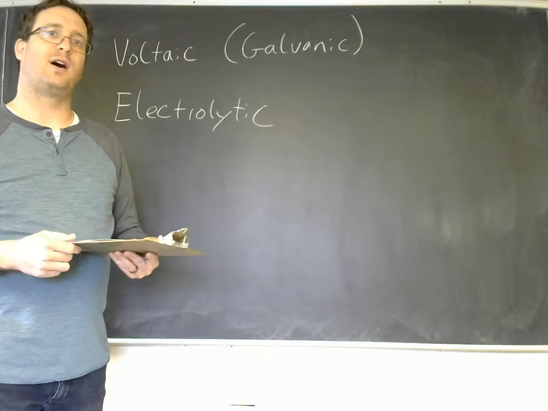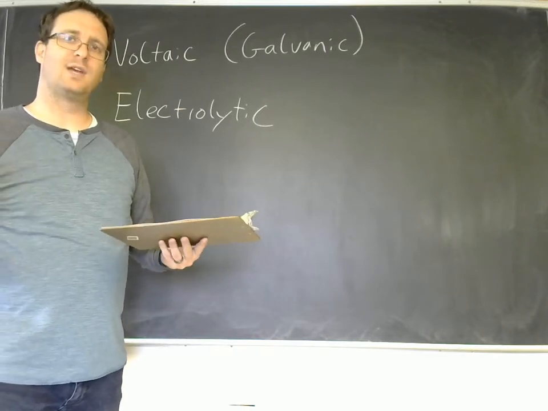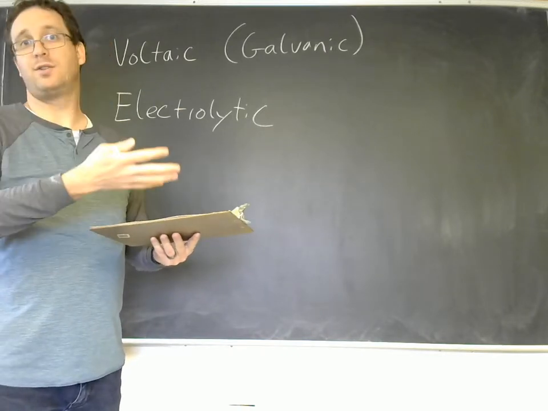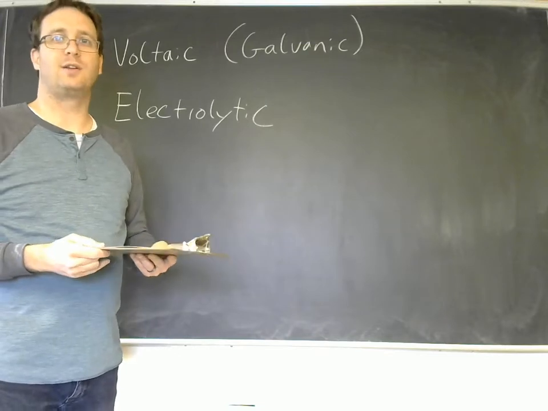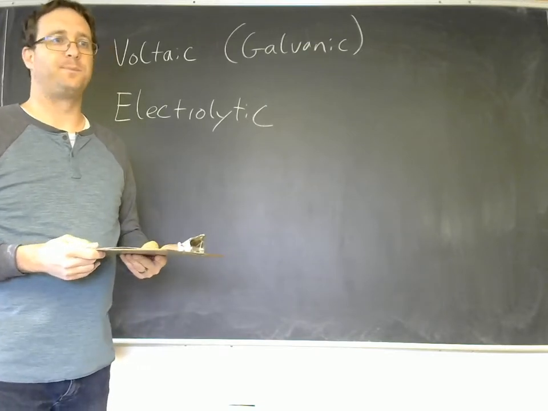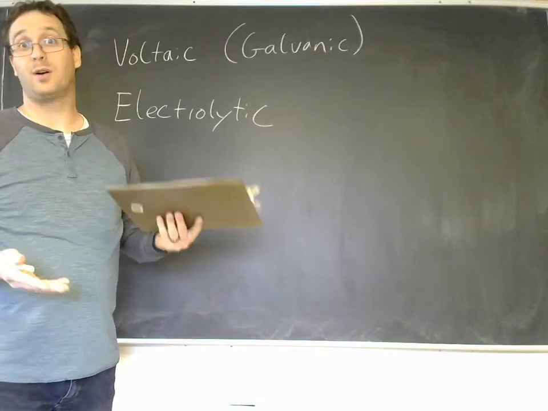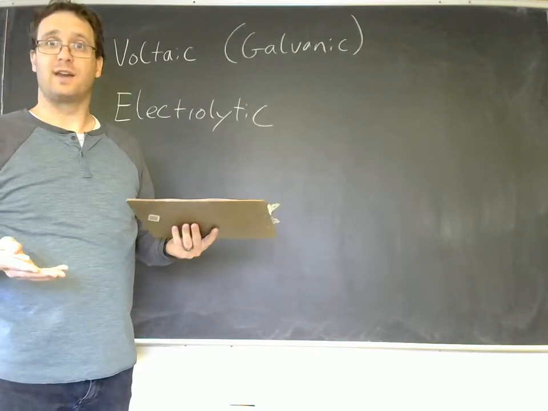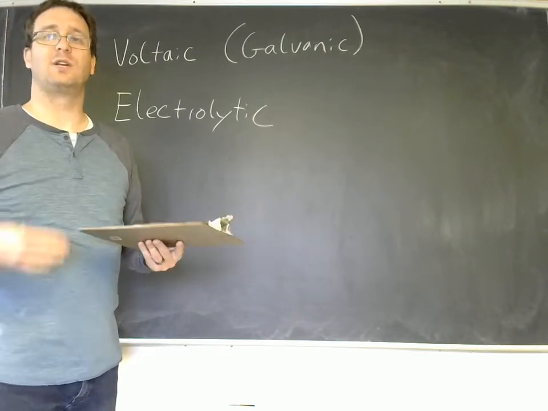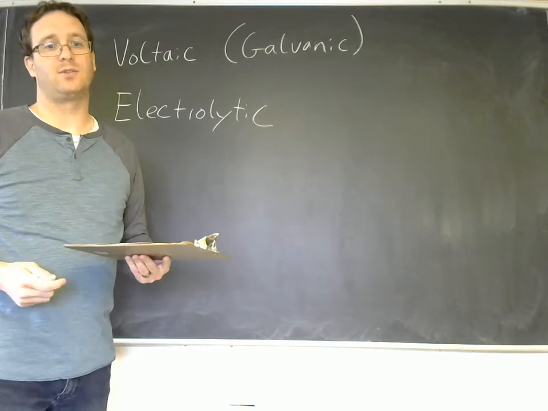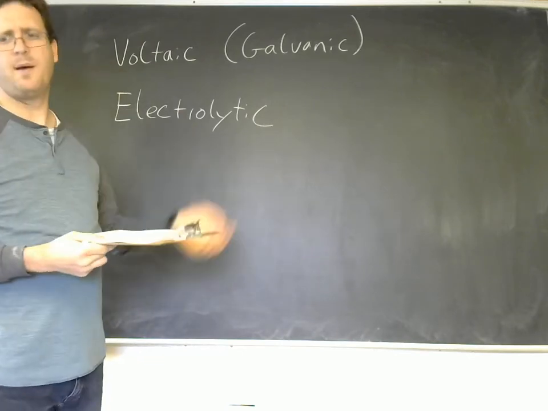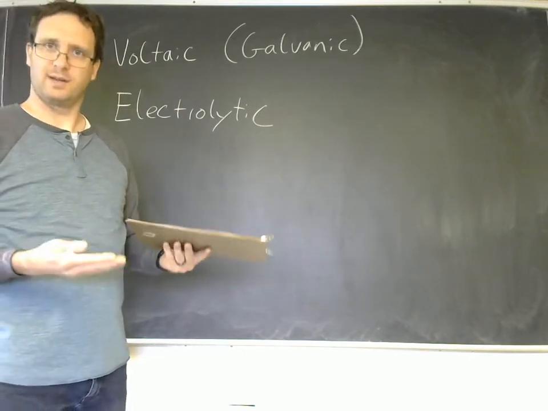You can cause metal cations to plate onto a surface, forming solid elemental metal, for reactions where that is not a spontaneous process, well, you can drive it by applying an external voltage. And so electroplating is an example of an electrolytic cell.